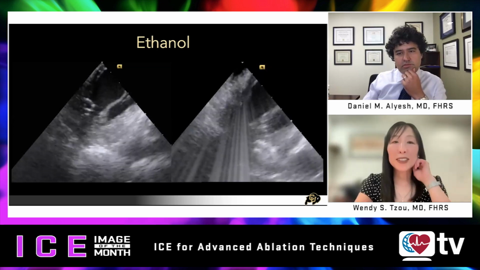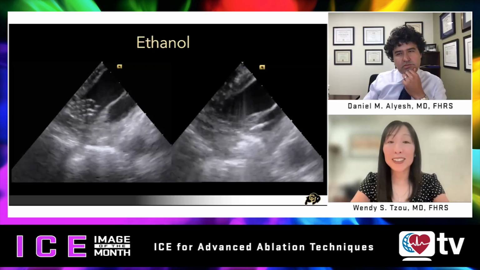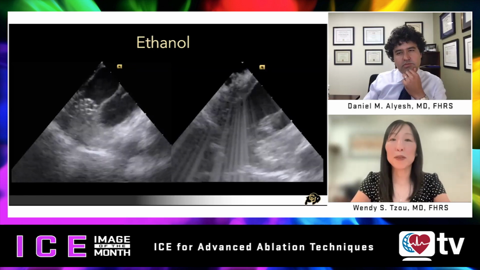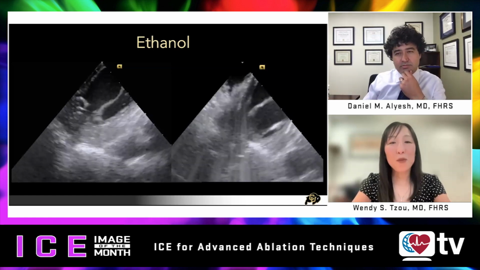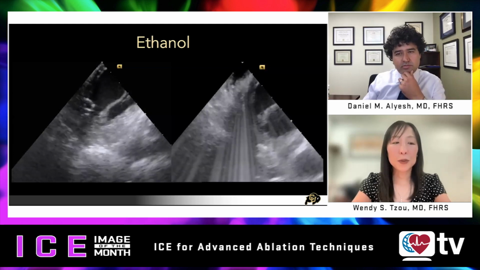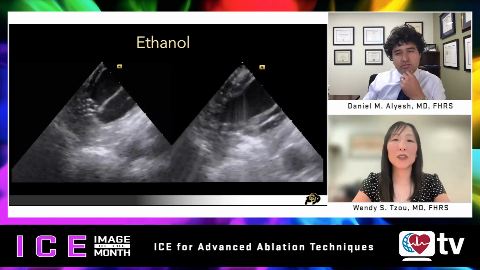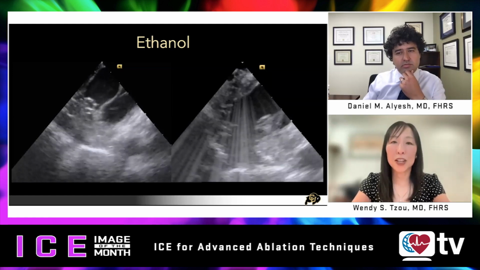Honestly, I've not done a ton of these. Miguel would probably be able to provide more insights about this specific question, but I wanted to see if we could see some sign of changes. The standard advisement is to look on fluoro after you've injected the ethanol and inject contrast.